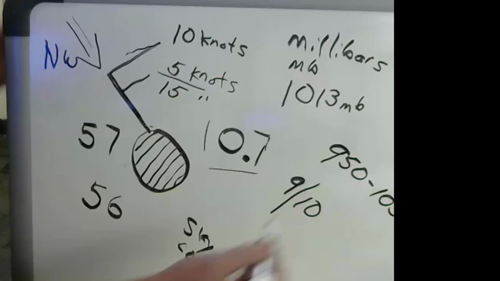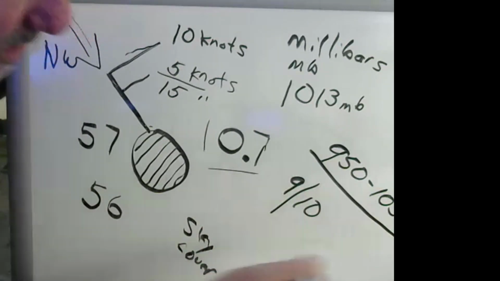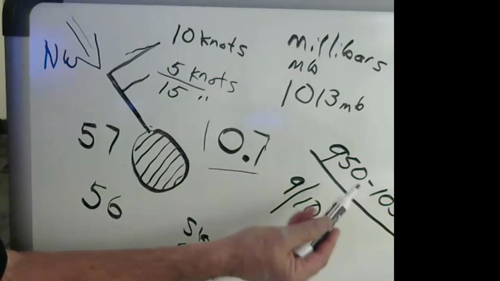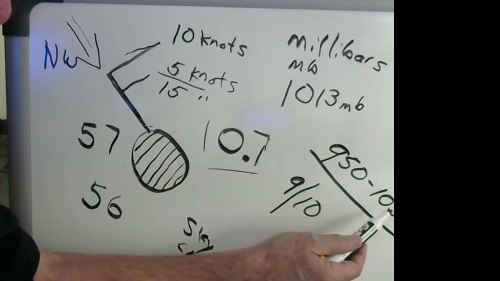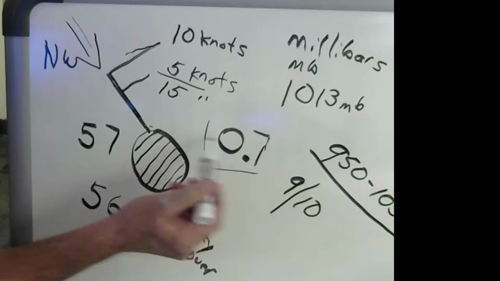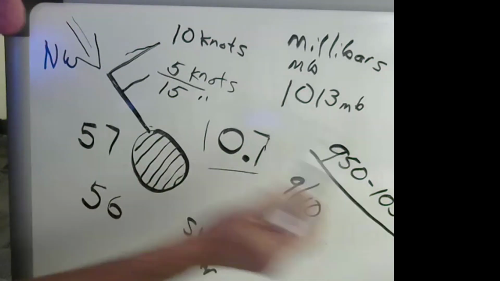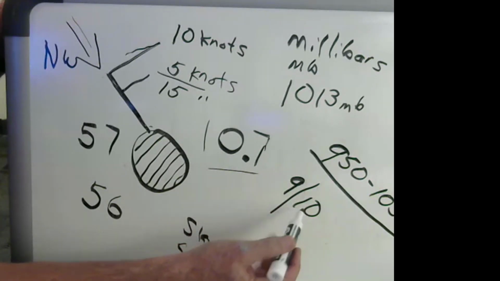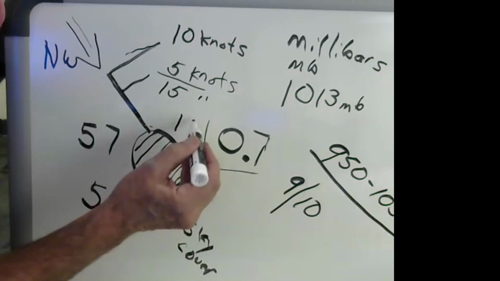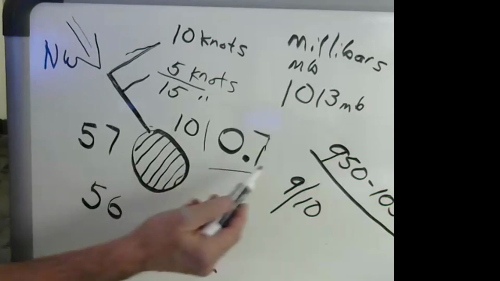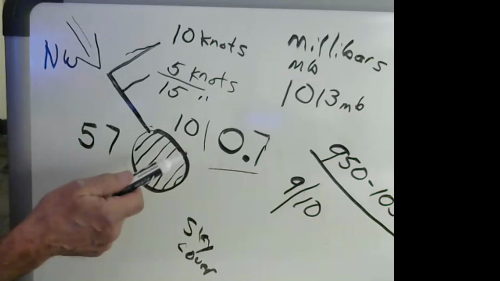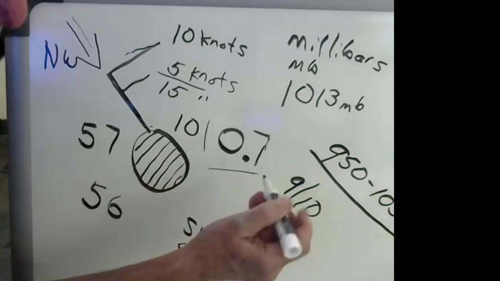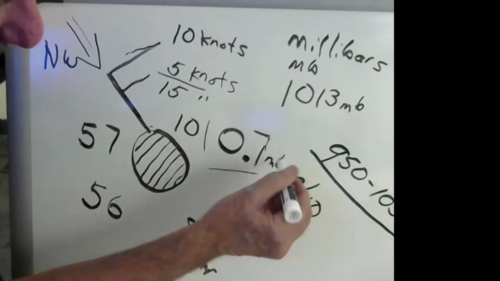Because I told you the range of surface pressures at sea level on Earth is between 950 and 1050, you've got to make that number fall within that range. You do that by choosing either a 9 or a 10. In this case, obviously, it's going to be a 10. So what this is showing us is that the current barometric pressure at this station is 1010.7 millibars.